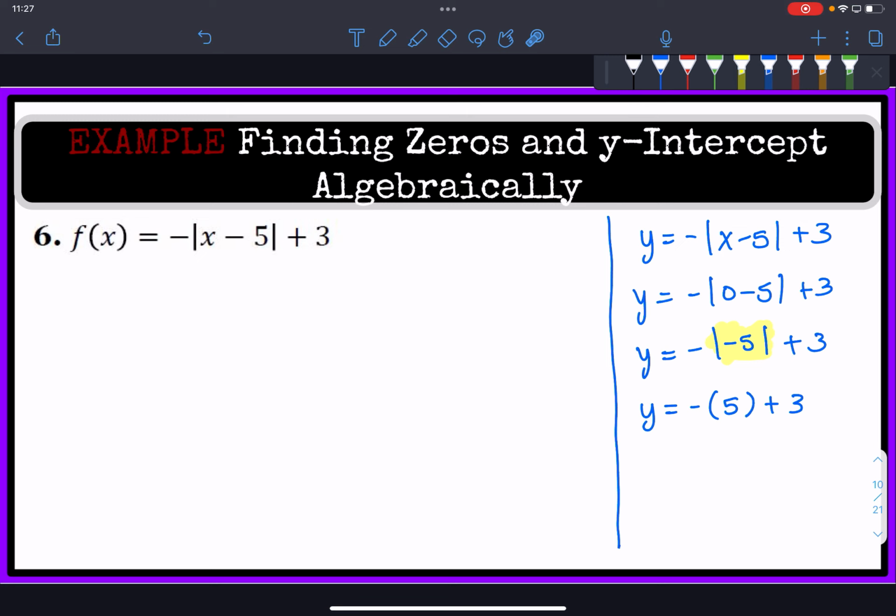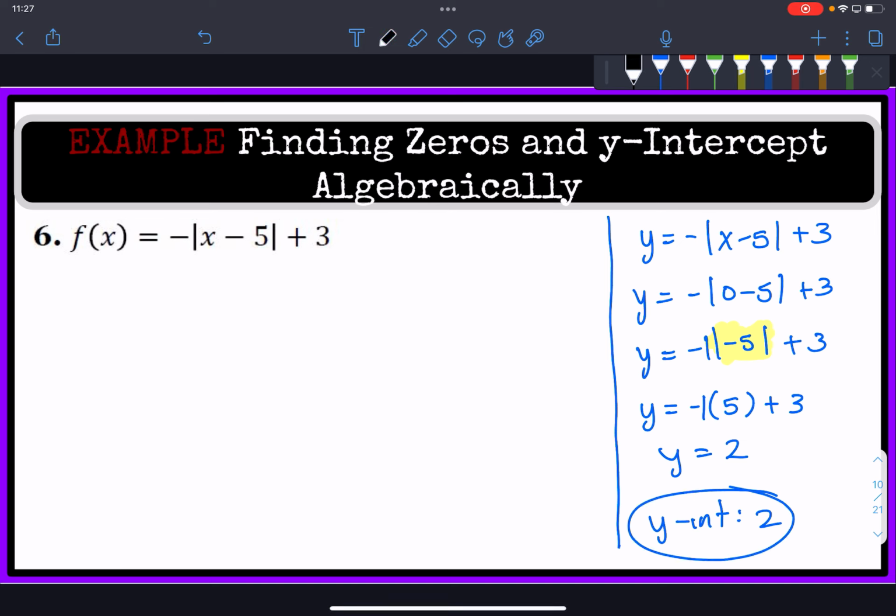So this negative 1 is being multiplied with the absolute value of negative 5, which becomes positive 5. Multiplying a positive 5 with a negative 1 and then adding 3, we get that the value of y is positive 2. So that's my y-intercept. We're going to cross the y-axis at positive 2.